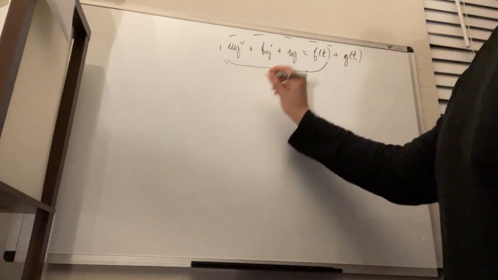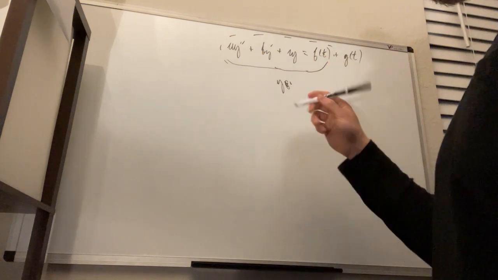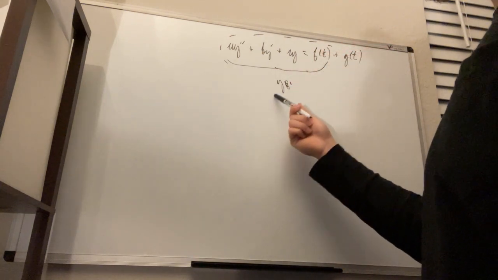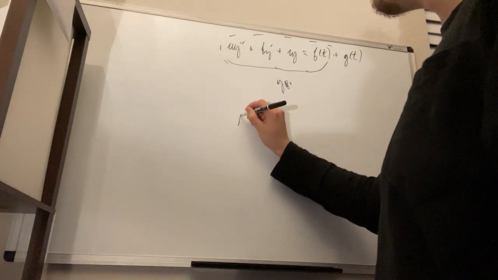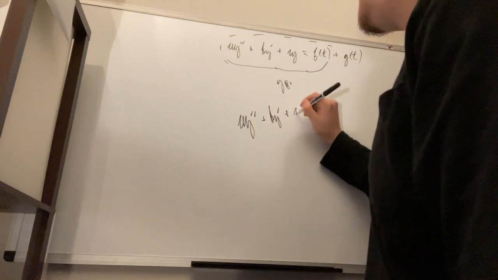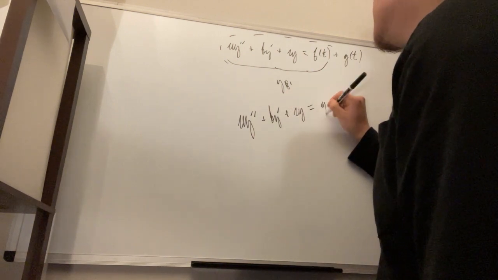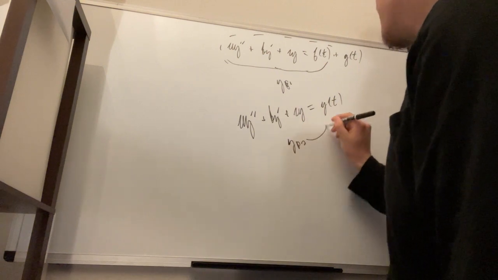So basically we find y sub p1. After that, we find the particular solution of ay double prime plus by prime plus cy equals g of t, so y sub p2 for this equation.